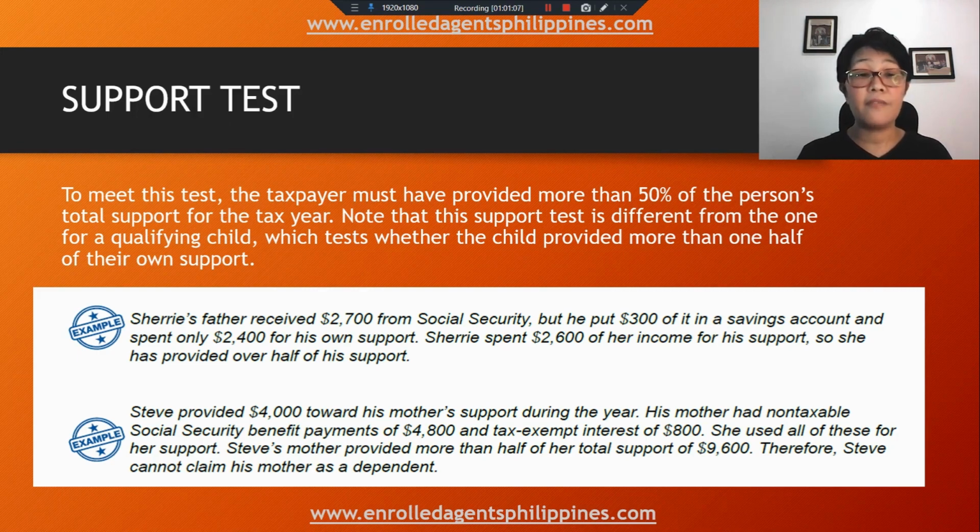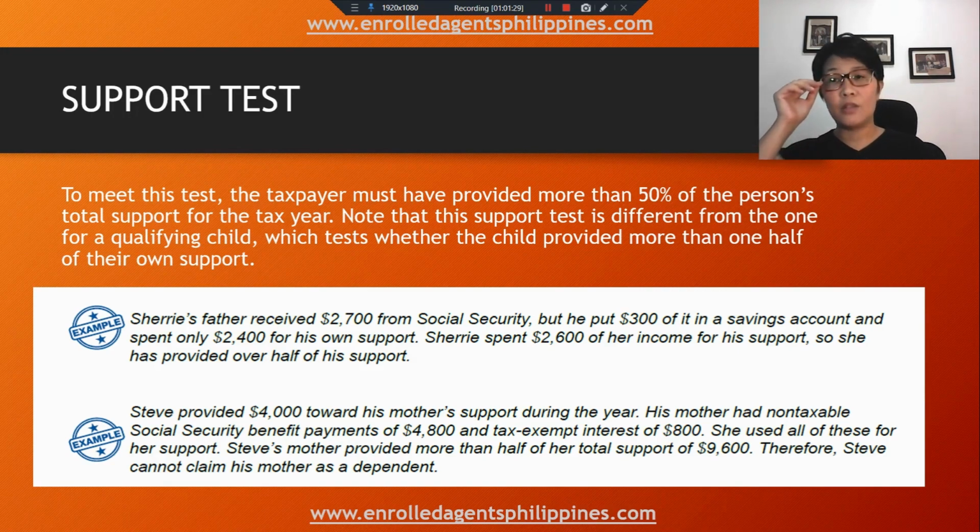Therefore, Steve cannot claim his mother as dependent. Kasi 4,000 lang yung binigay ni Steve. Ang total na ginastos ng mother niya for her own support is 9,600. So, kailangan ma-meet mo more than 50% of the person's total support.